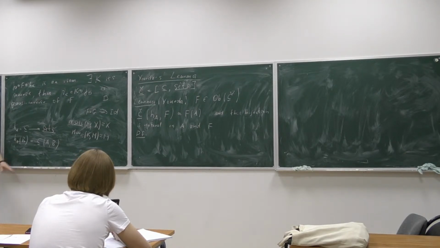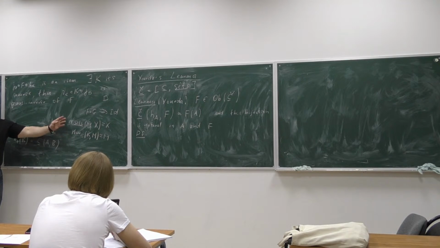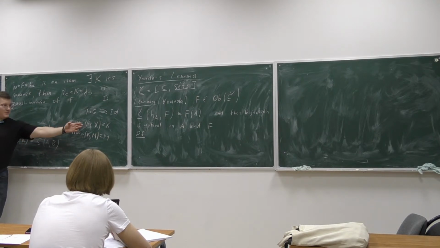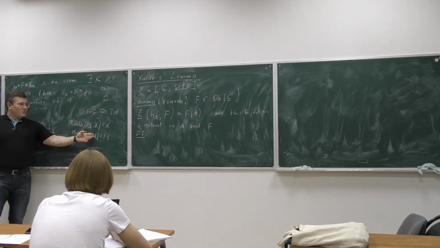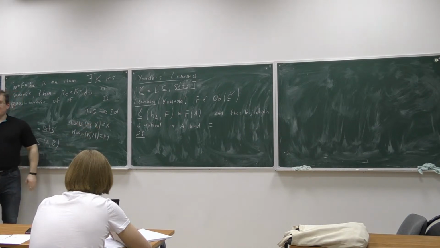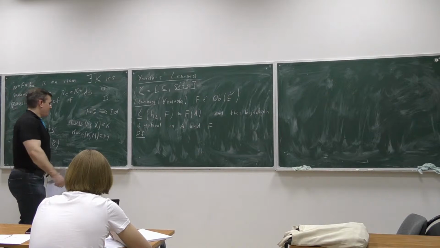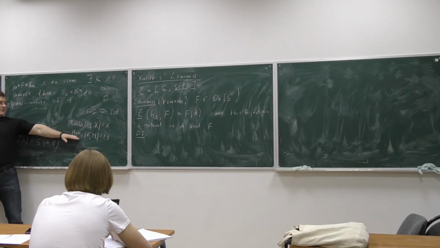So Yoneda's lemma is kind of statements of this type. If you compute a hom set from the very simple object, namely here this is the ring, this is the monoid, you get an answer which is given tautologically by the same object on which you apply this hom. And if you return to the proof of these trivial statements, you can see that it's exactly the same proof I'm going to give you right now.